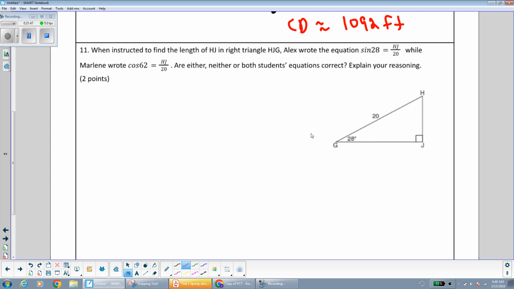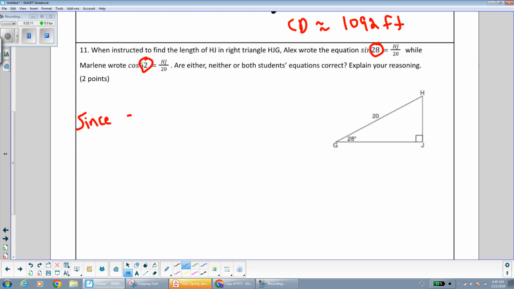Another way that you can explain it is by using cofunctions, because 62 and 28 make 90 degrees, and sine and cosine are cofunctions, which means that they're going to be equal to each other when their angles are complementary. So I'm going to write that here.